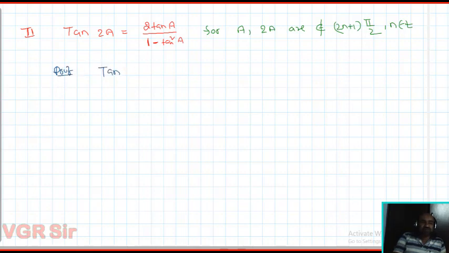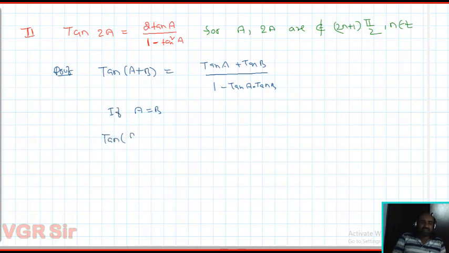Again we need to use the tan of a plus b formula. What is that? Tan a plus tan b by 1 minus tan a tan b. Here also take a equal to b. If a equal to b, what happened?